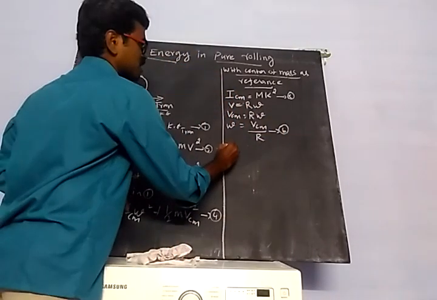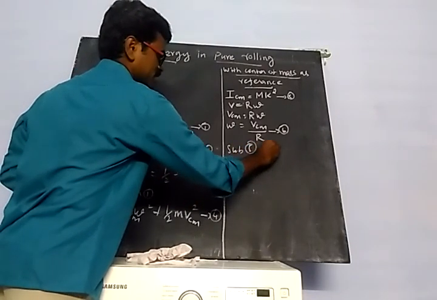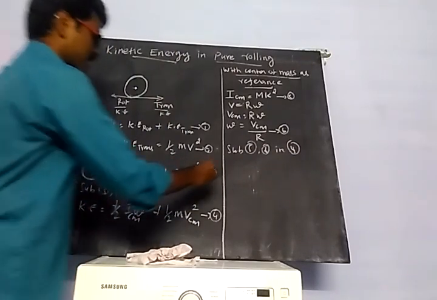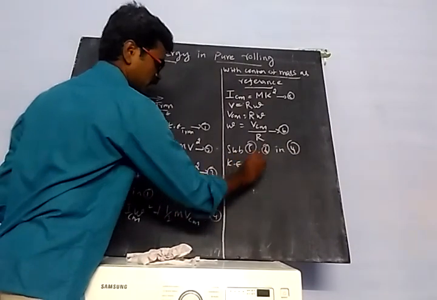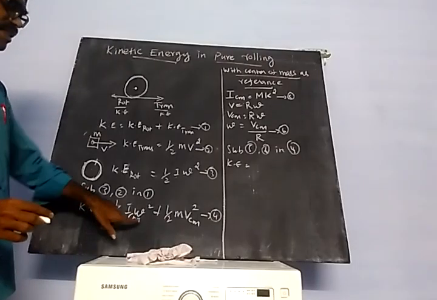You can substitute 5 and 6 in 4. We get kinetic energy equal to half ICM omega square.